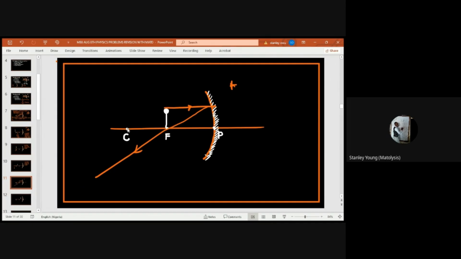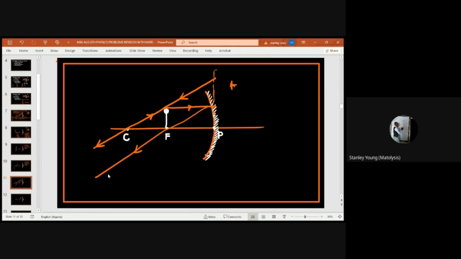Then again, if I have a ray through the head, we have both incidence and reflection along the same pathway. So what we end up having is 2 parallel lines as my reflection.